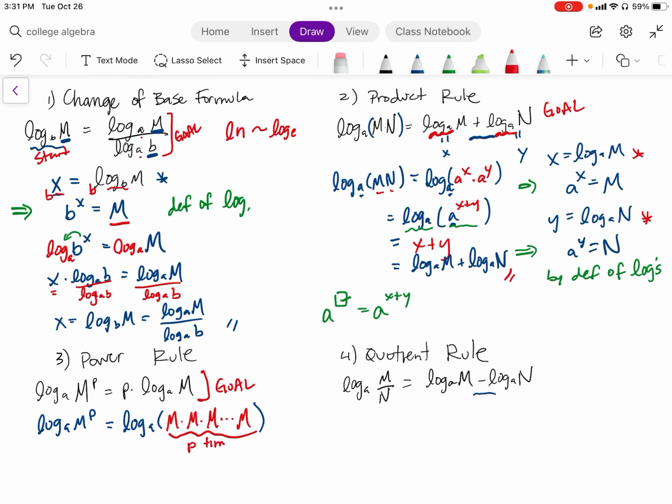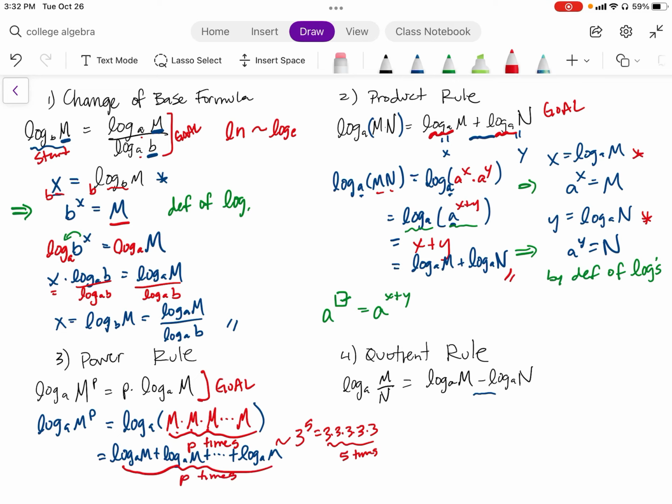P times. For instance, if we had like 3 to the 5th, I would know it's 3 times 3 times 3 times 3 times 3, right? 5 times. So because I have a variable p, I don't know what p is, but I know I'm multiplying it p times. Which then by the product rule, I could split this up as log am plus log am plus log am, right? They're all the same. How many times? P times, right?